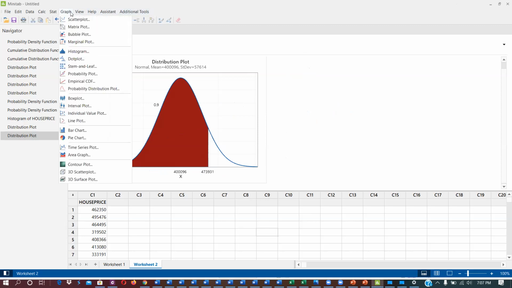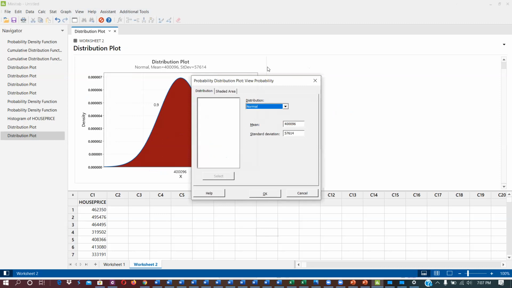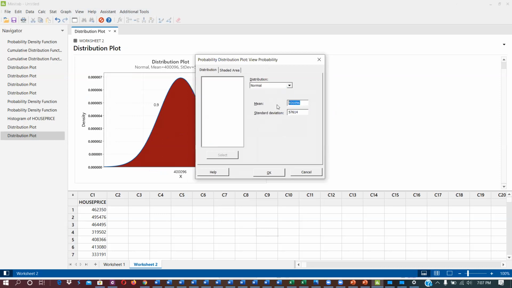Under graph, we go to probability distribution. I'm just going with normal. In a standard normal, mean is always 0 and the standard deviation is always 1. I think I demonstrated that in the last class.